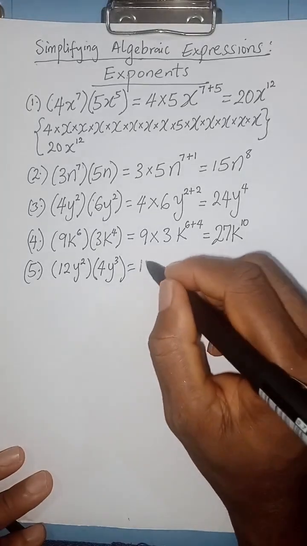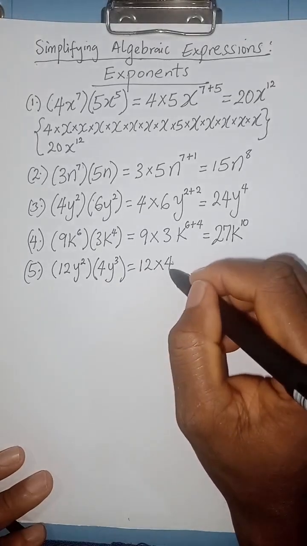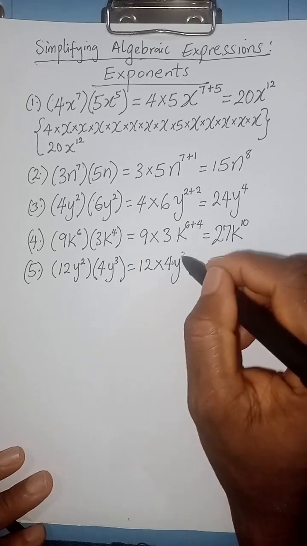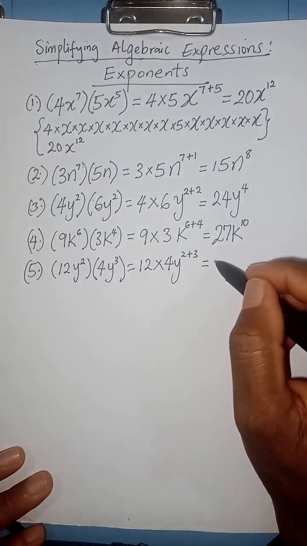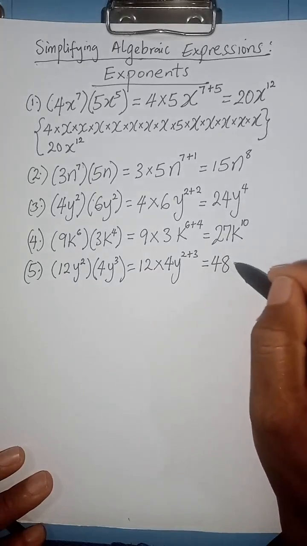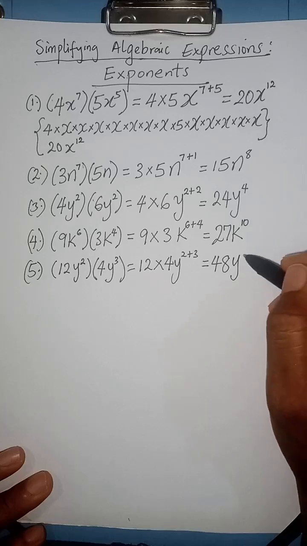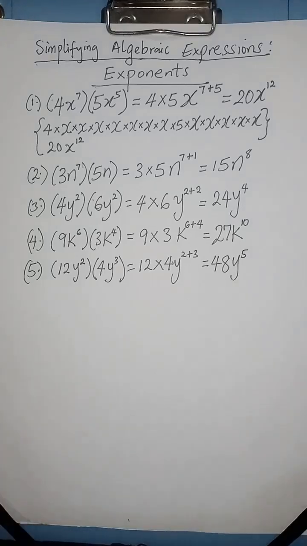That will be 12 times 4, then y raised to power 2 plus 3. That gives you 48, y raised to power 2 plus 3, 5. That's very easy, right? Now, from number 1 to 5, it has to do with multiplication, brackets.